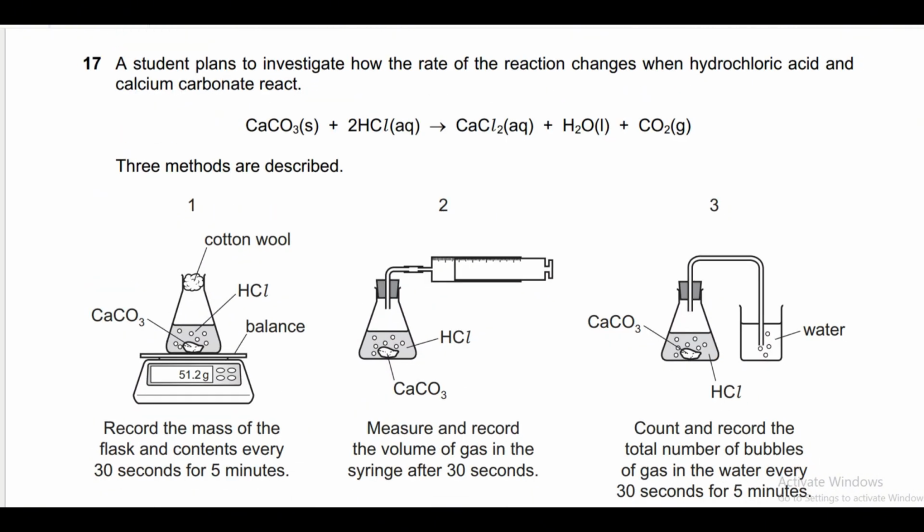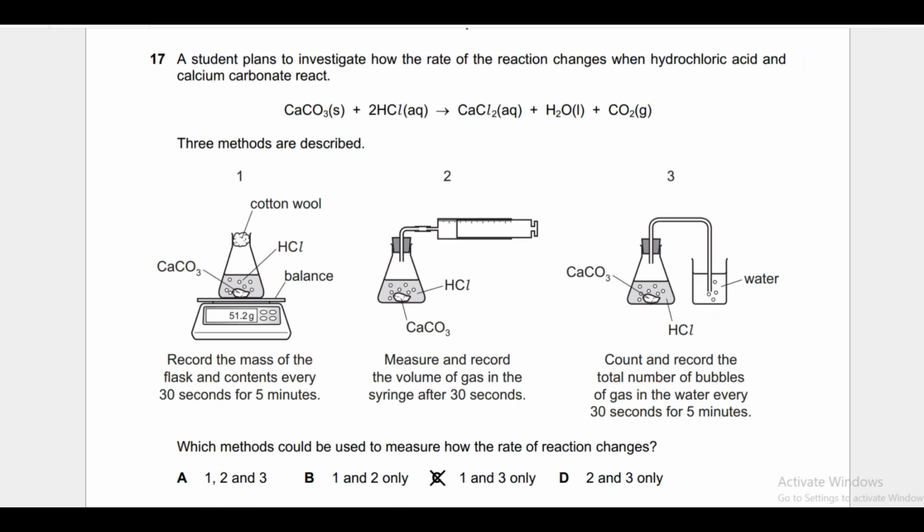A student plans to investigate how the rate of reaction changes when hydrochloric acid and calcium carbonate react. So calcium carbonate reacts with hydrochloric acid, and calcium chloride, carbon dioxide and water are produced. So by two methods you can measure the rate of reaction.